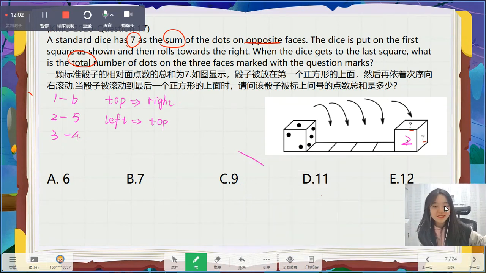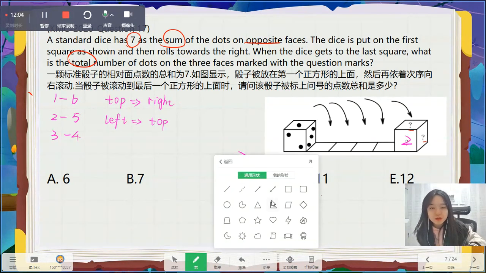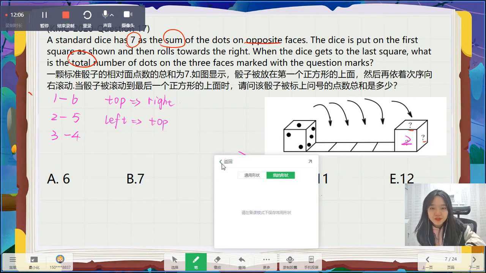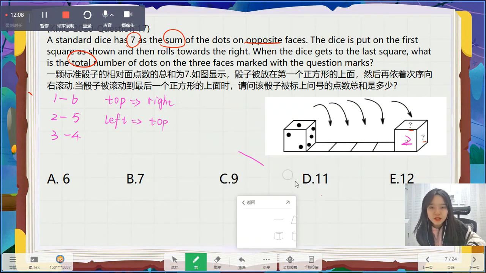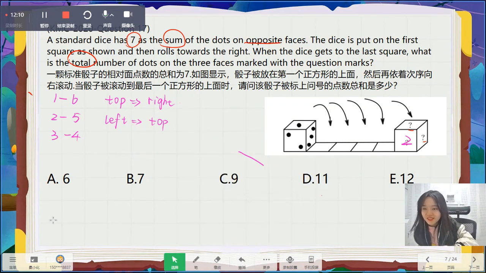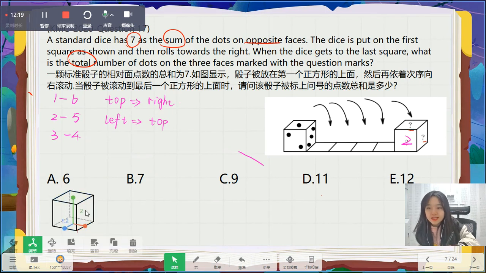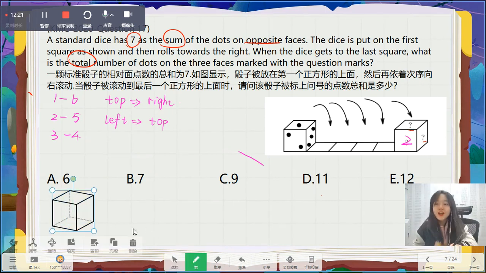So let's check it. For the first time, this is our first shape. The front face is always 2. How about the right?